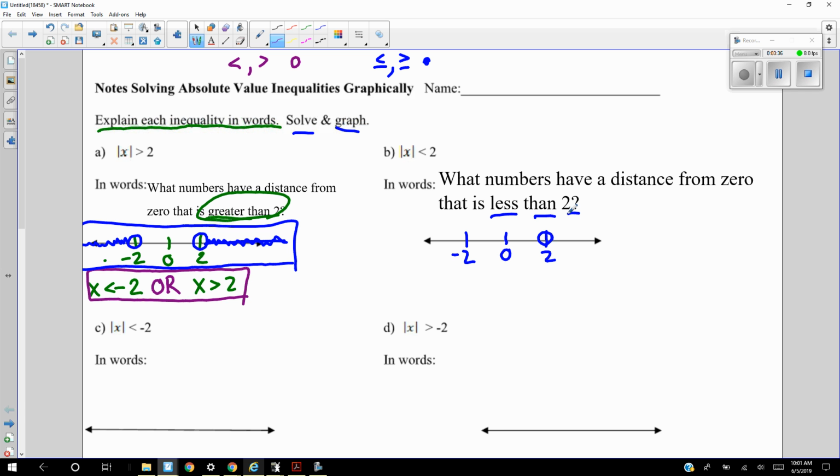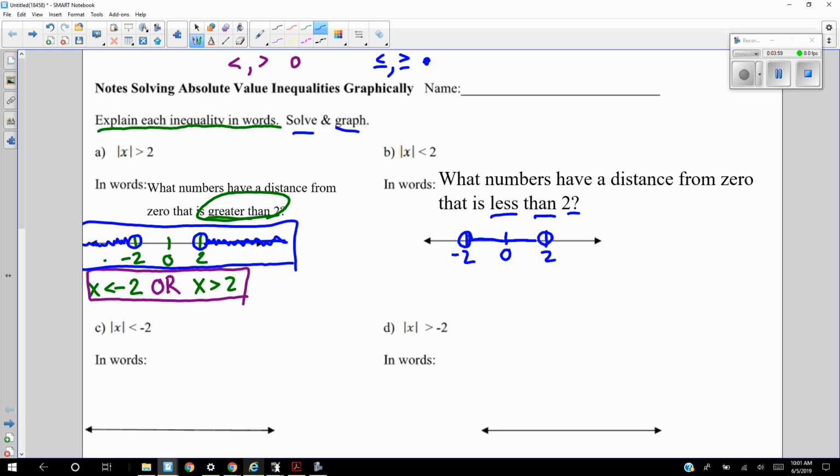What numbers would qualify here? How about the number 1 would work? 1 has a distance from 0 that is less than 2 because it has a distance of 1 from 0. So in this case, it's actually every single number in between -2 and 2.